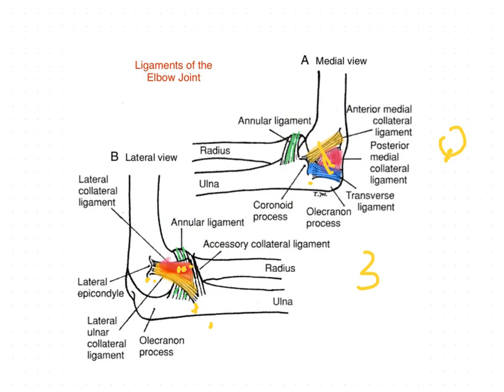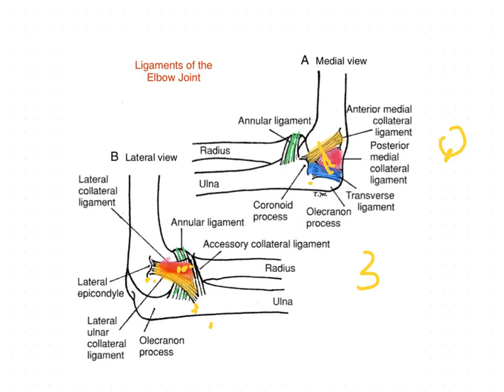That means if you bend the forearm towards the lateral side, these are the structures which act as secondary structures.